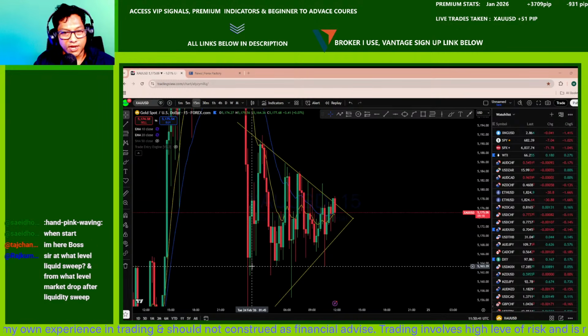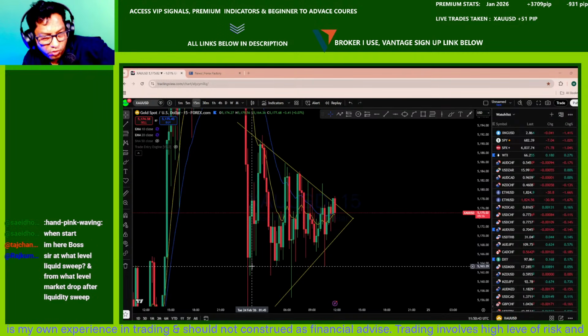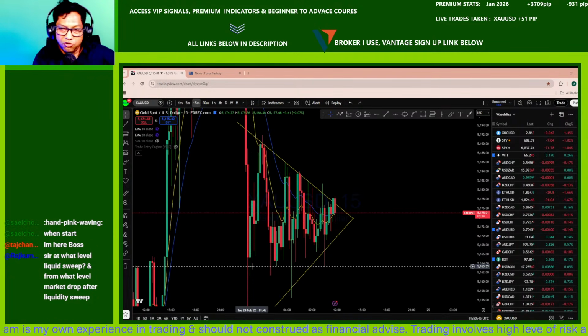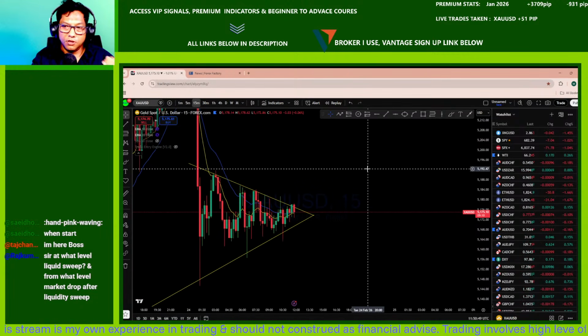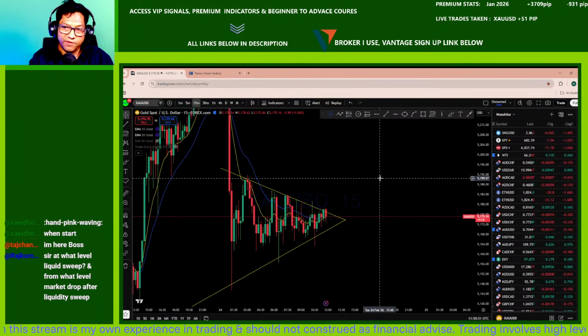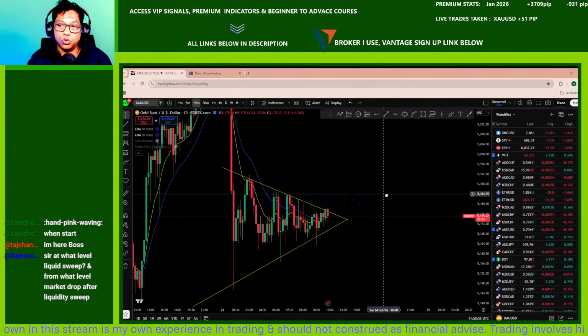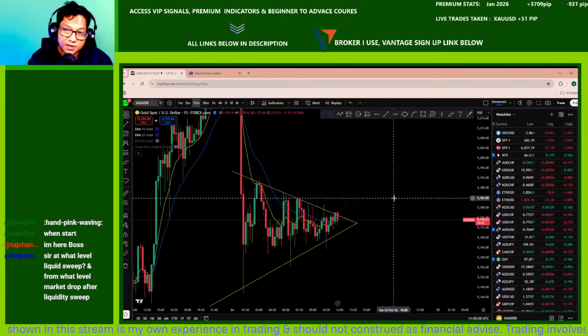So at what level is the liquidity sweep, and from what level does the market drop after the liquidity sweep? Firstly, you can see a liquidity sweep at any level, but here what we need to wait for is a break from the previous level.